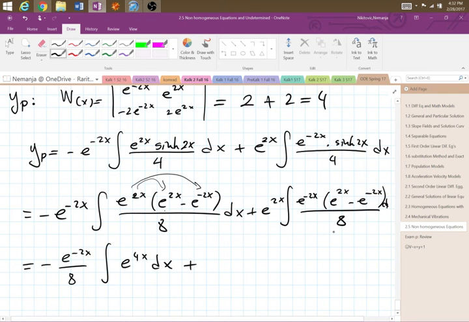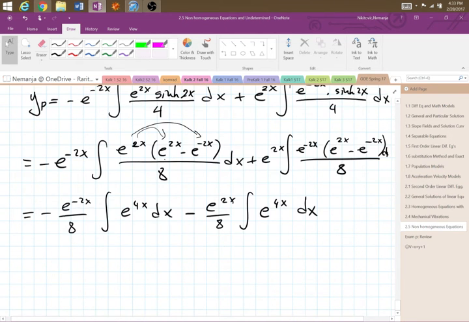Plus, shipping 1/8 outside again, it's e to the 2x over 8. When you multiply, the first term dies, and that's a negative there. That's going to be a negative here of the integral of e to the 4x dx.